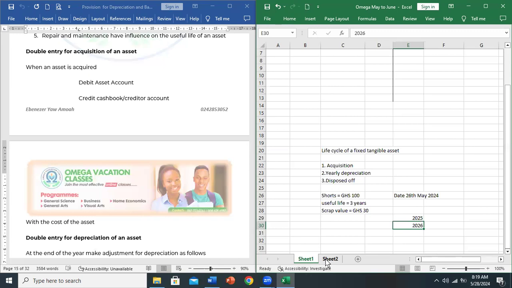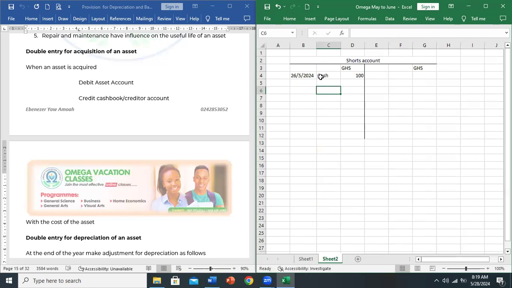So this asset would also be available in the year 2025. So it only makes sense that when you have completed the year 2024, you carry the balance on the asset to the next year.